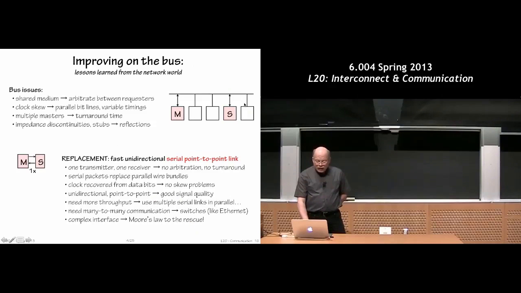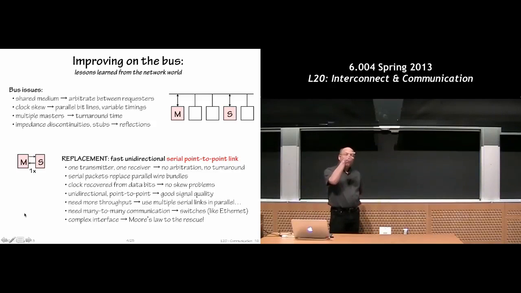Okay. So we used to have these buses. Now we basically have nothing but these unidirectional serial point-to-point links. This is what PCIe is, and that's the primary interconnect in your computer these days. A single differential pair going one way and coming back, so sort of symmetrical communication, and we have individual clock recovery in each direction and stuff like that.